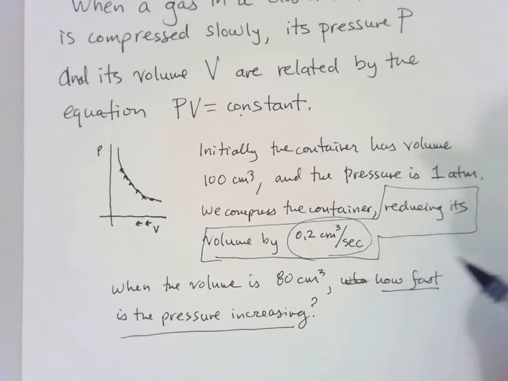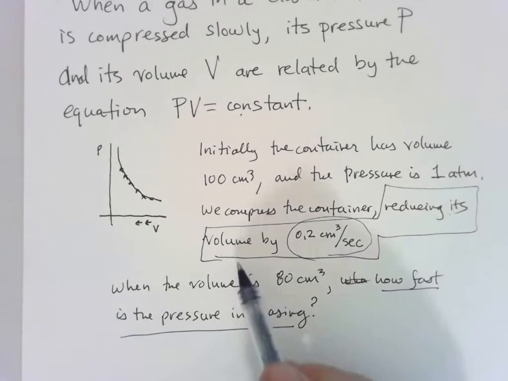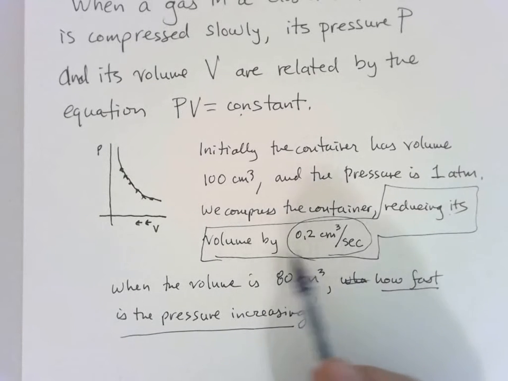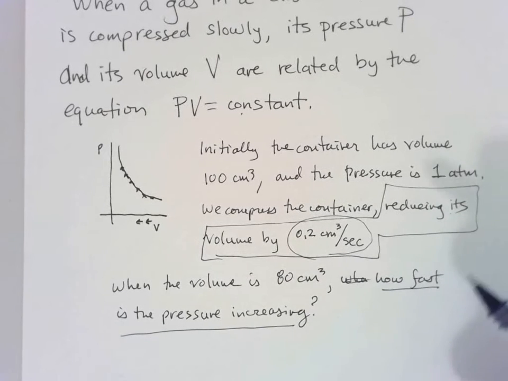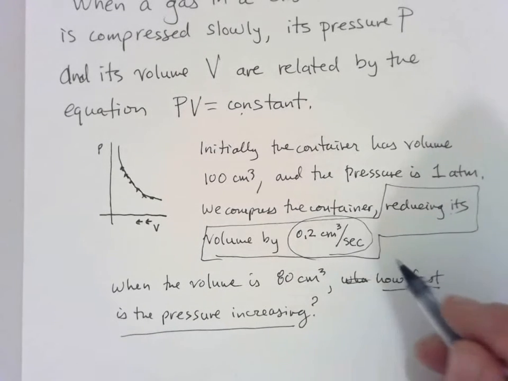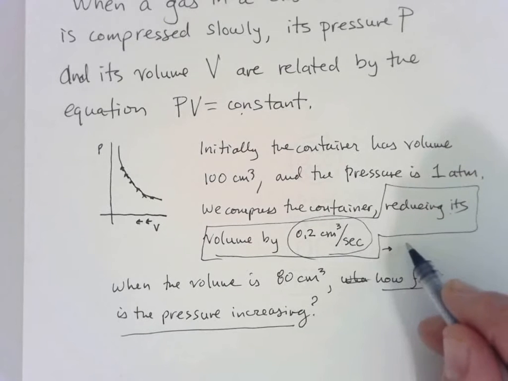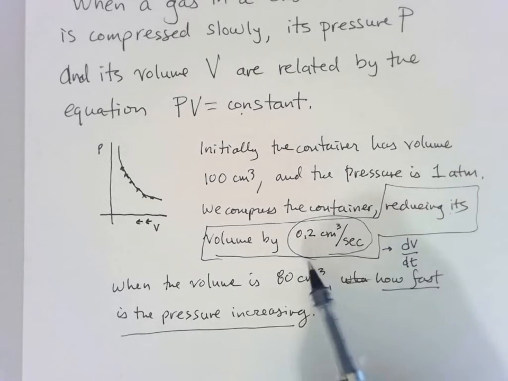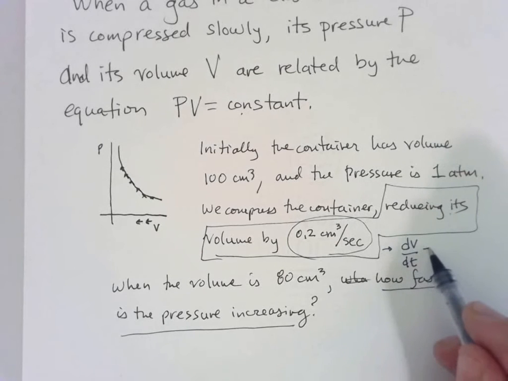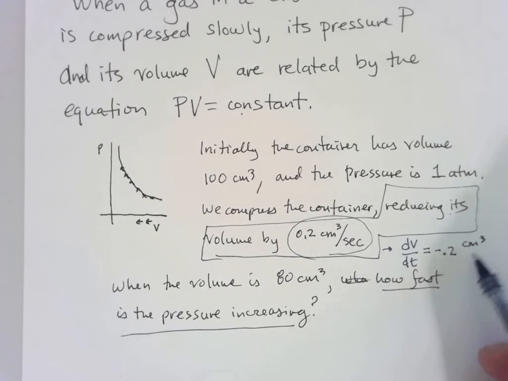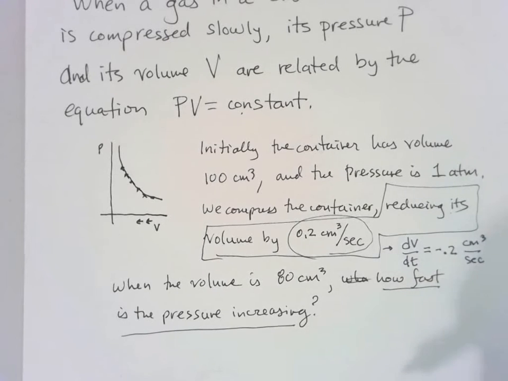So we can write down calculus symbols for these. This is how fast the volume is decreasing, and we know this: the volume is decreasing at 0.2 cubic centimeters per second. So this tells me what dV/dt is. This is the rate of change of volume, and the problem is telling me that it's minus 0.2 cubic centimeters per second.